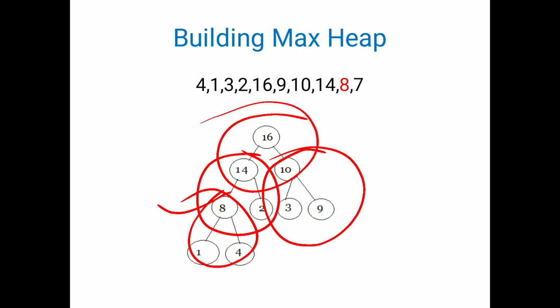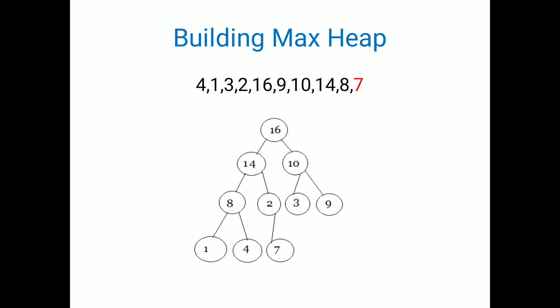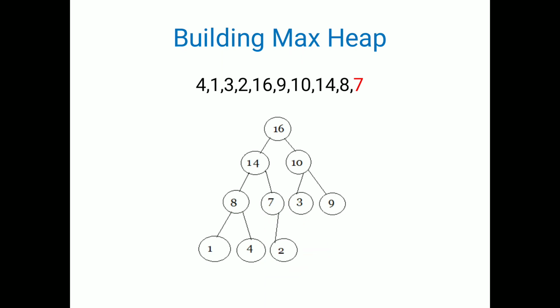This one also follows the max heap property, and this one also follows the max heap property. So we have to move further by inserting the next element, that is 7. So 7 is to be inserted to the left of 2. Now this one also does not follow the max heap property, so we have to make it a max heap, and we can do that by interchanging the values with one another, and after interchanging we get 7 as the parent of 2.